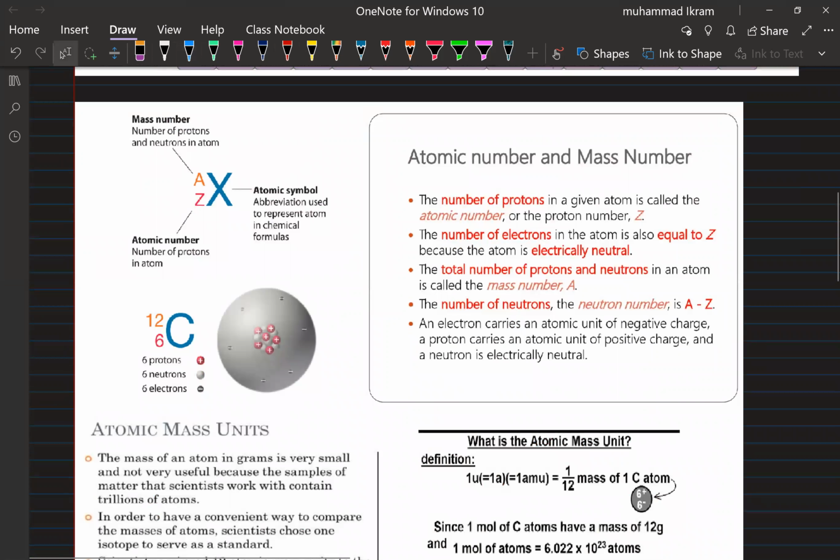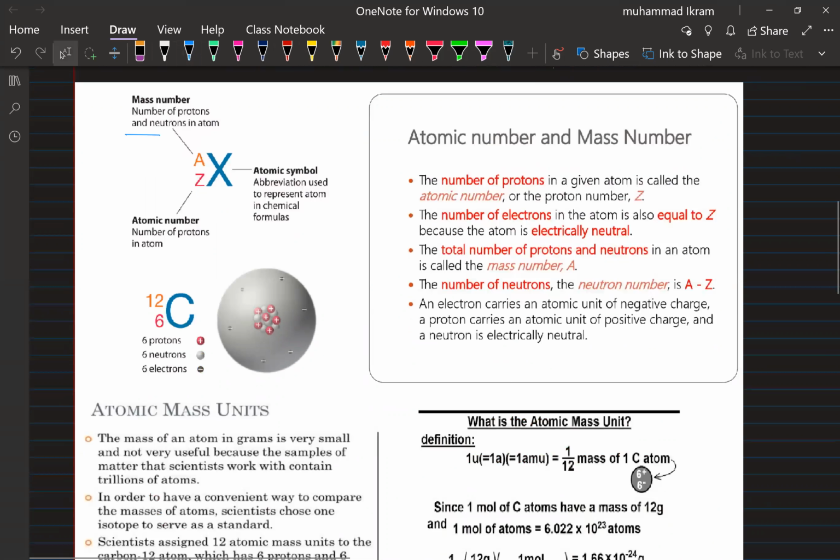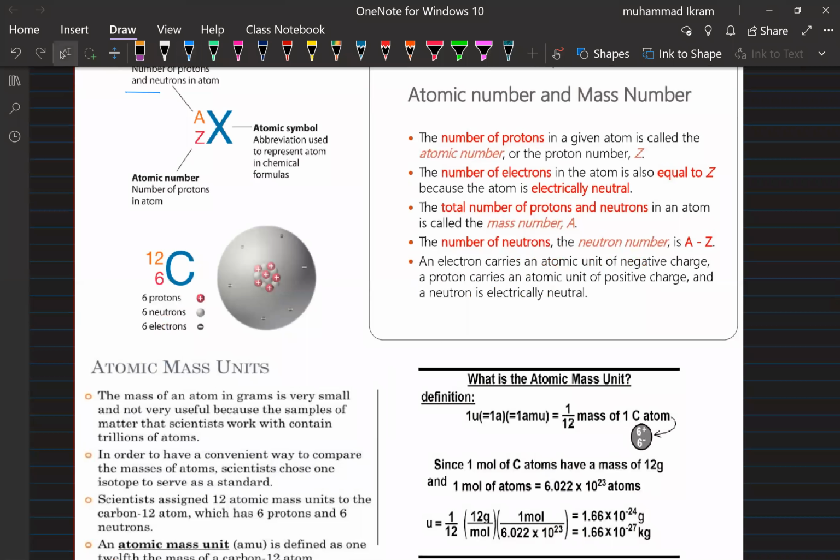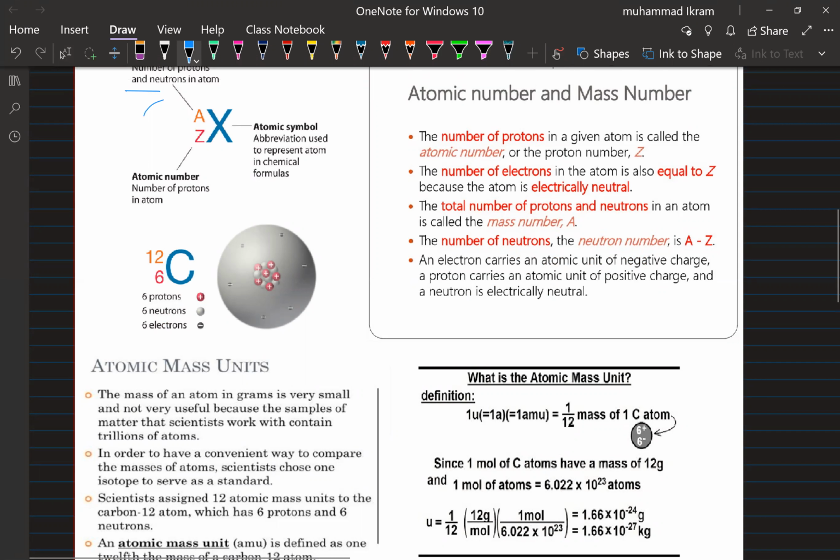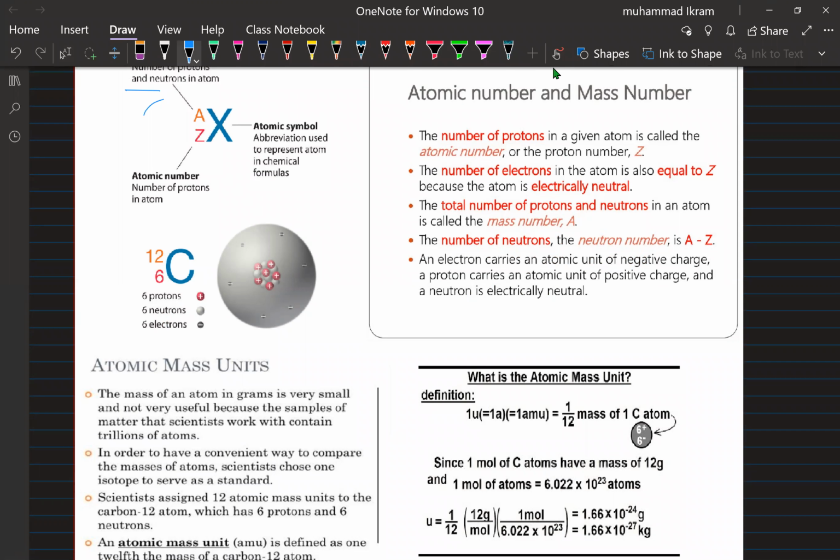This is what I told about the mass number. I explained the mass number to you, that this is the mass number and this is the atomic symbol, as I told, that represents the symbol, and as I told, in nuclear physics we usually call it a nuclide. The number of protons is actually the atomic number.